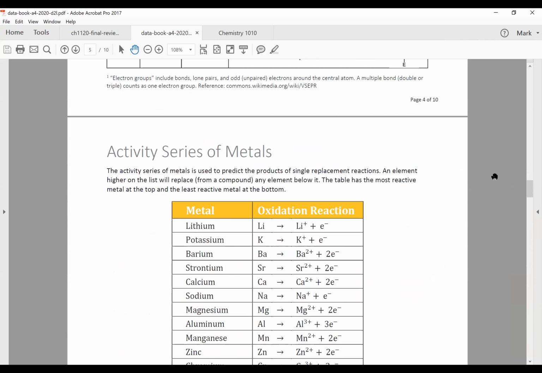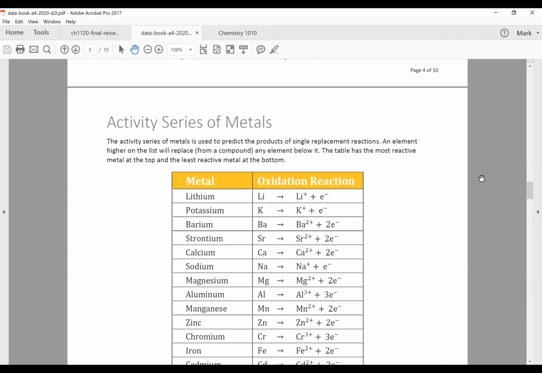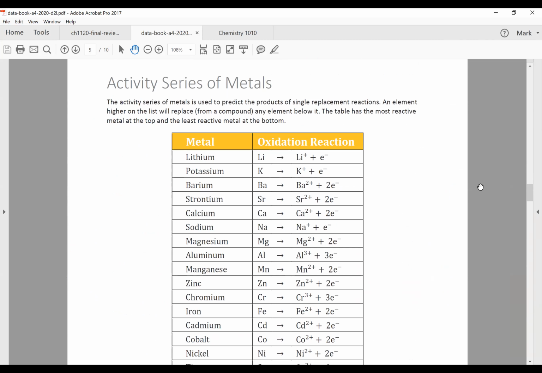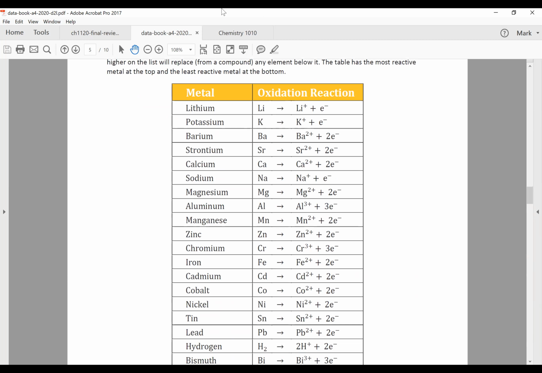I love your data booklet. So this is page 5, and page 5 says the activity series of metals is used to predict the products of single replacement reactions. An element higher on the list will replace from a compound any element below it.